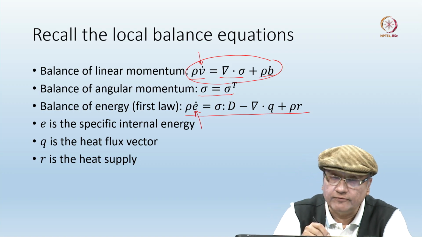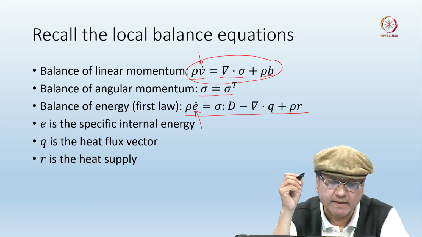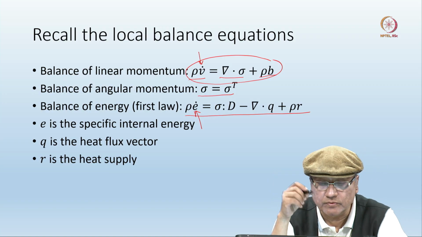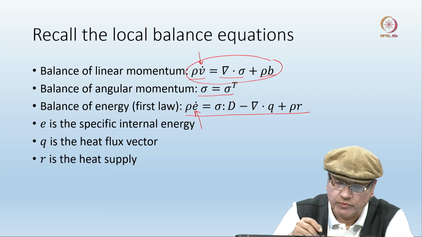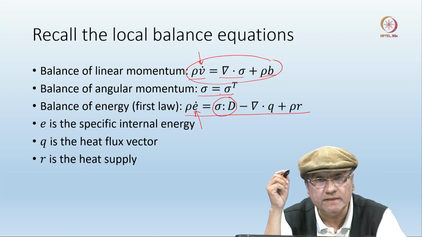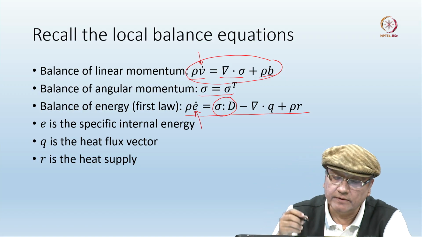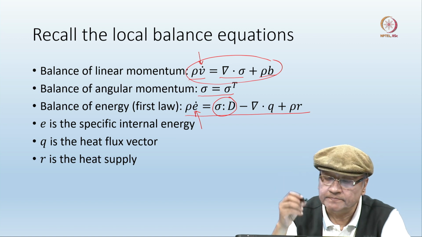This is the local form of the balance of power. It simply says that rho E dot is equal to the sum of three parts. One is the stress power, sigma inner product D. D is the rate of deformation tensor.